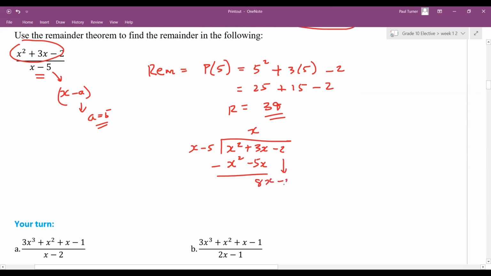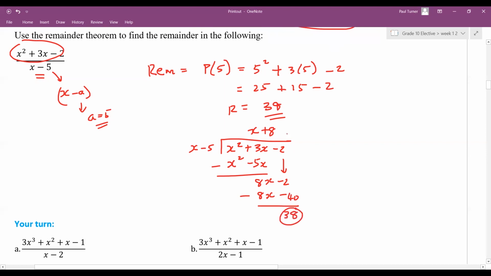Bring down your minus 2. This is going to have to be 8, yeah? 8 times x, 8x. 8 times minus 5, minus 40. And then we subtract them. Minus 2 plus 40 is 38.